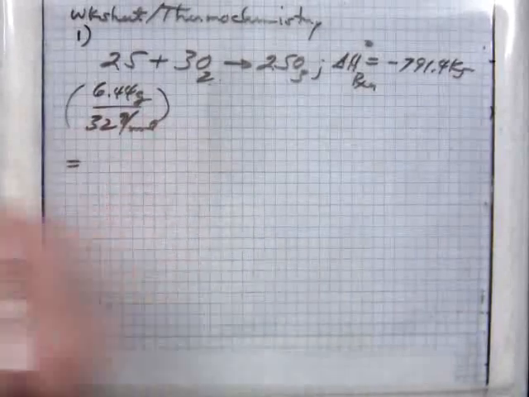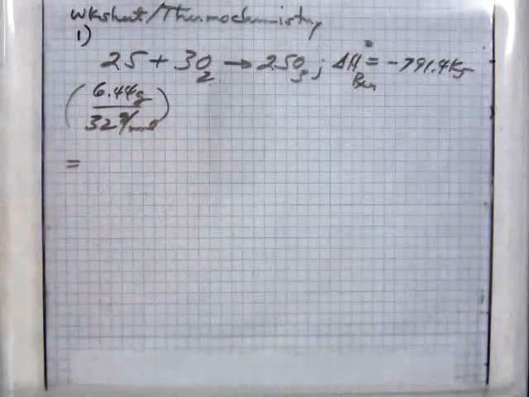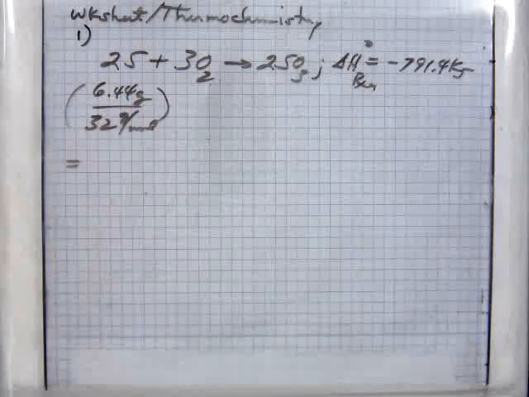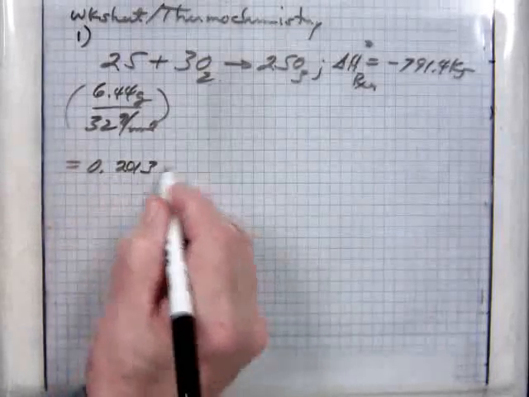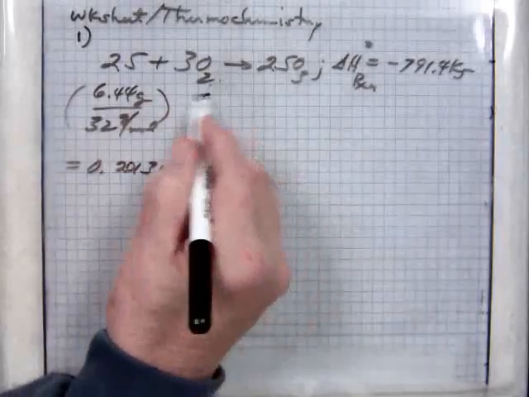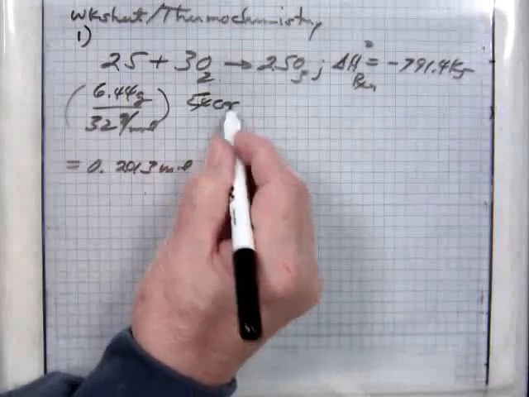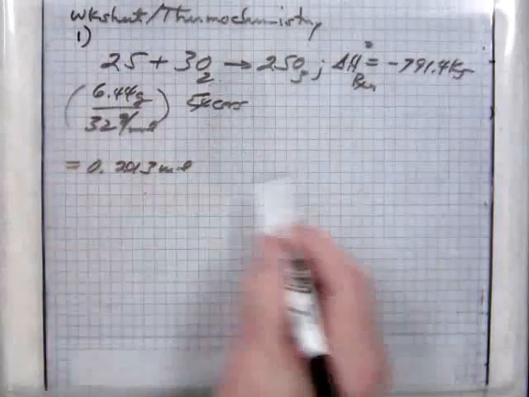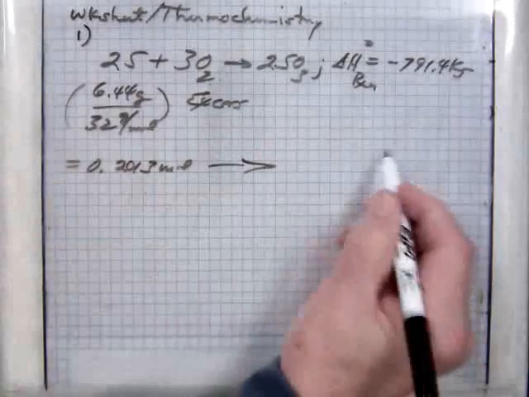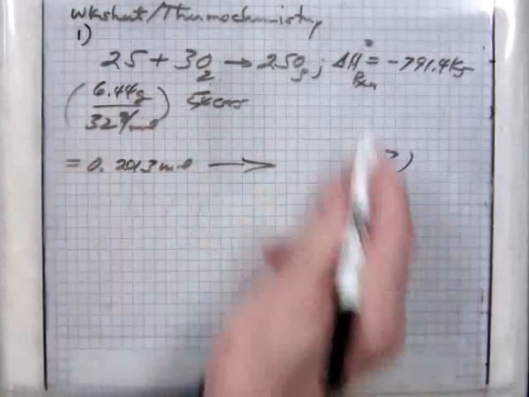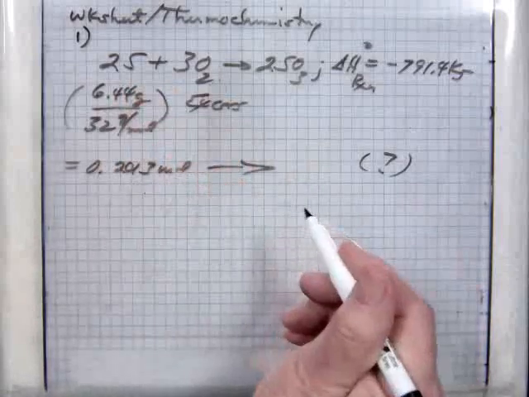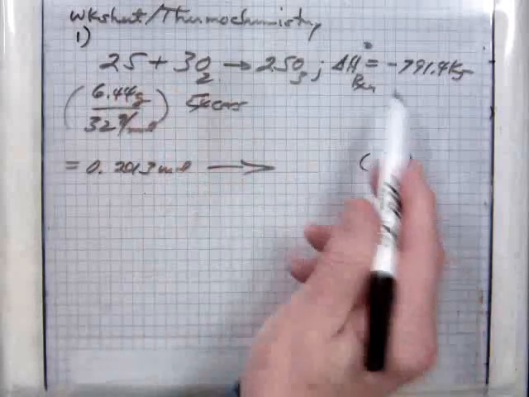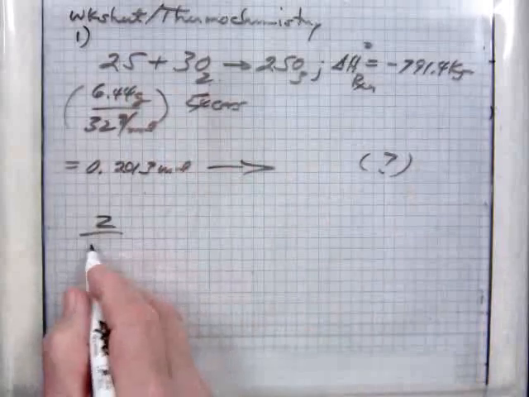So calculating the moles from this, we have 0.2013 mole of sulfur, and of course it notes an excess of O2. So the question is, how much energy will be generated in this reaction from the reaction of 0.2013 mole?